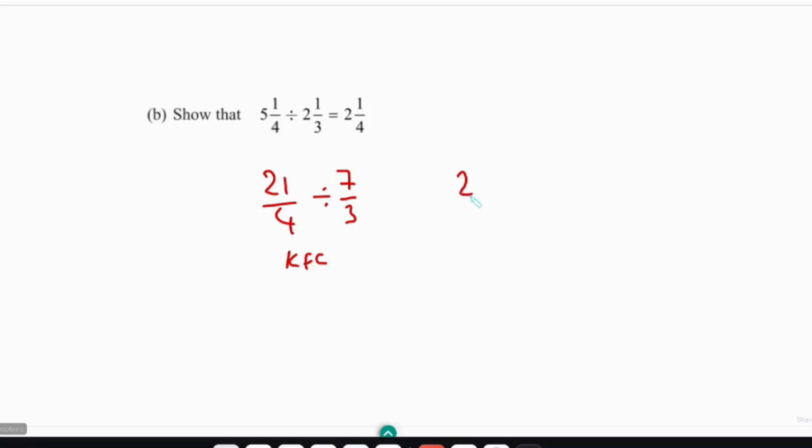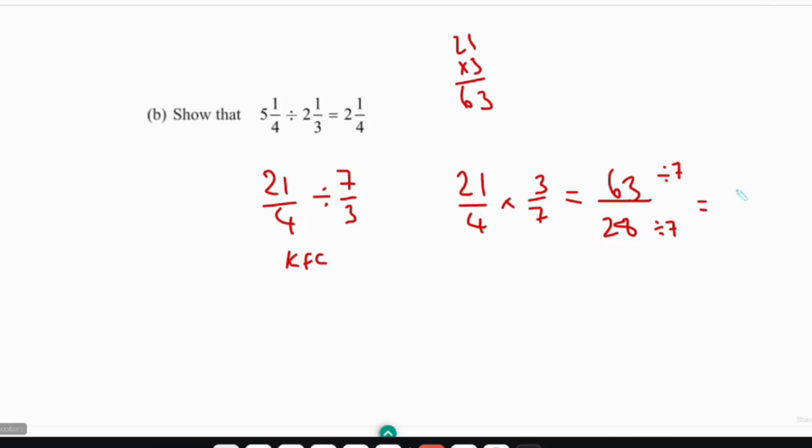Let's keep, flip, change. 4 times 7 is 28. 21 times 3, 63. 63 over 28. They're both in the 7 times table. If I divide them both by 7, I get 9 over 4. How many 4's go into 9? 2, with 1 remaining, so 2 and a quarter.